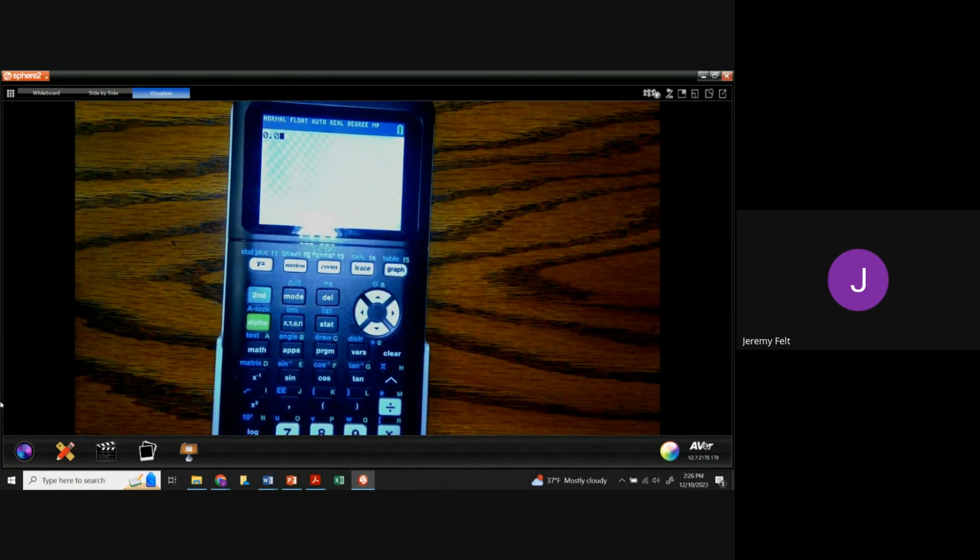You don't have to punch in the 0. I usually don't, I guess just to save time. So 0.048 divided by 0.6, and we get 0.08. So that is what m is equal to.